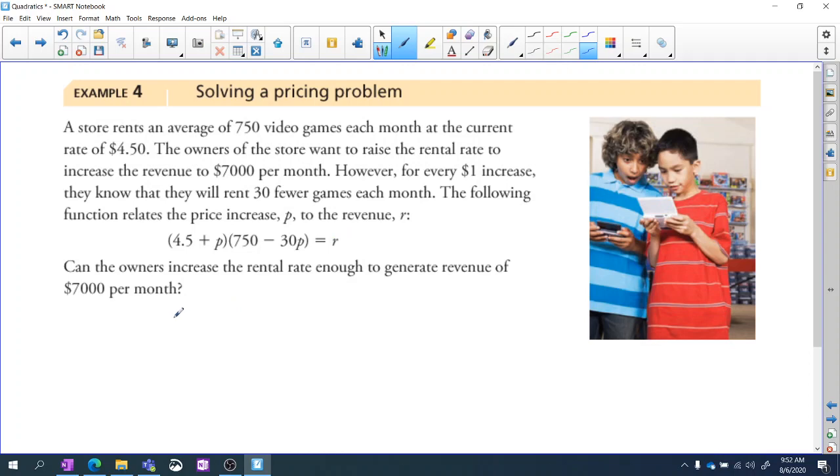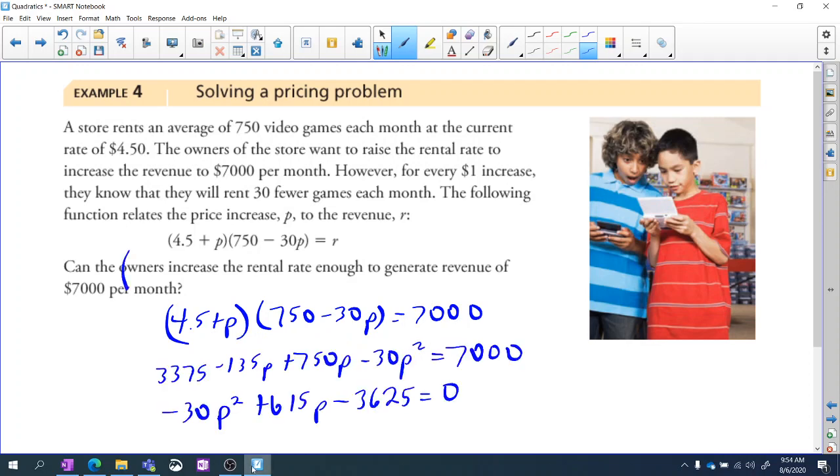Let's find out. This one's a little bit easier because we don't have to build the function. They did it for us. But we still got to do the work to solve the equation. So if this was equal to 7,000, we're going to have to expand this out. I just did a couple of calculations to save us some time.